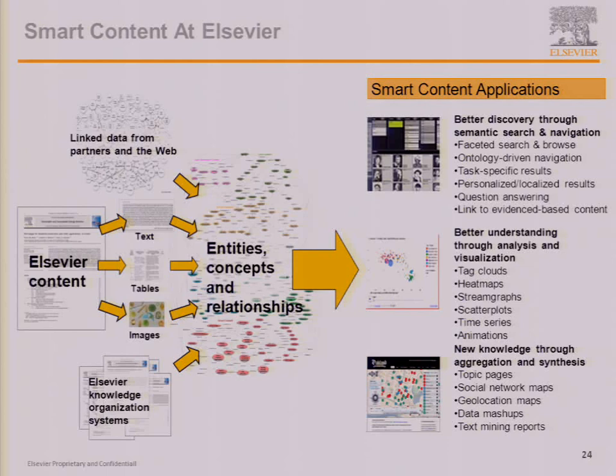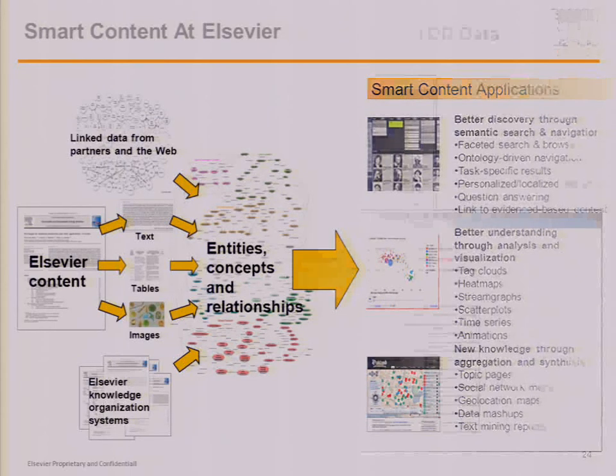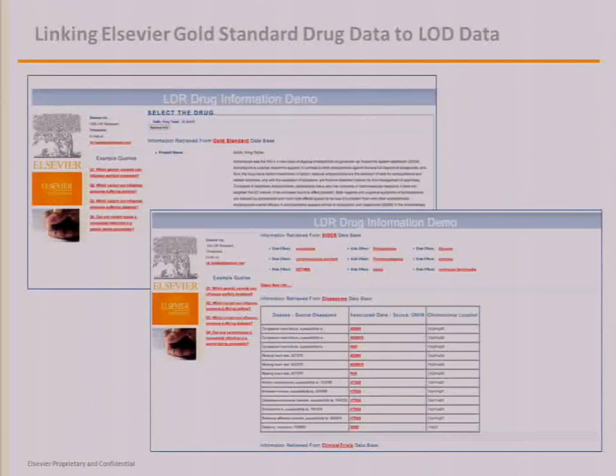And because it's an RDF representation, we can use SPARQL and other technologies to do quite deep semantic queries. So on top of this LDR, or linked data representation, we can do some tag clouds, we can do heat maps, different forms of visualization of the data, which gives users an ability to slice and dice it the way they want.